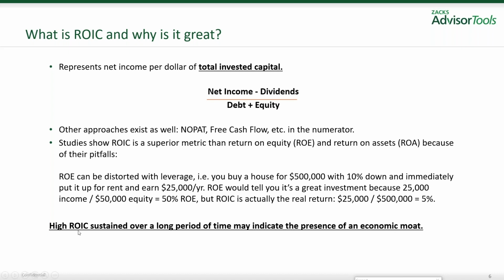So what does that mean? If you have a high ROIC over a long time period, then what that means is this company is doing something that's not easily replicable by other companies. So stated differently, if you have a company that does really high ROIC for a year or two, that's going to ostensibly attract competitors to that environment.